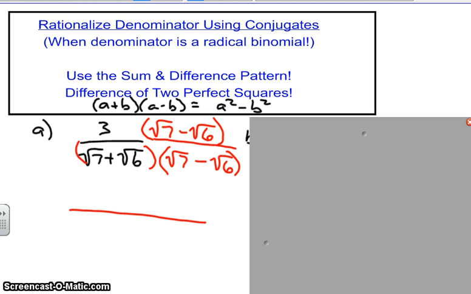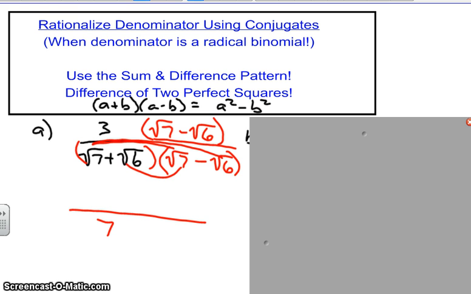If we take the first term times the first term, what is the square root of 7 times the square root of 7? Square root of 49, which is 7. Good, 7. And then we have the square root of 7 times the square root of 6, but it's negative, right? That's negative square root of 42.